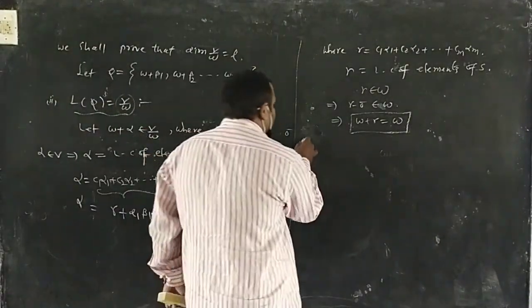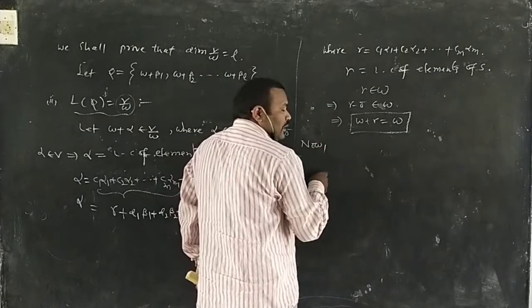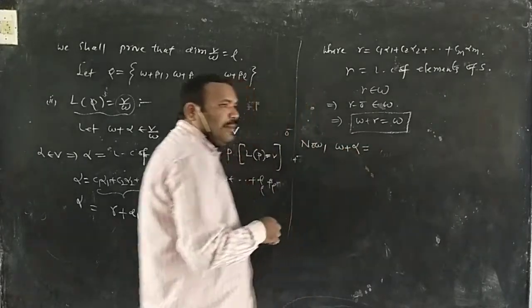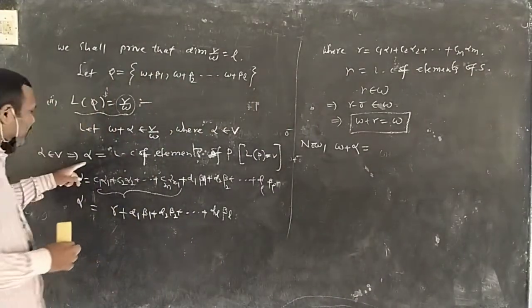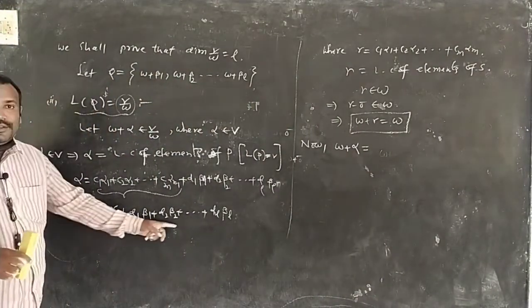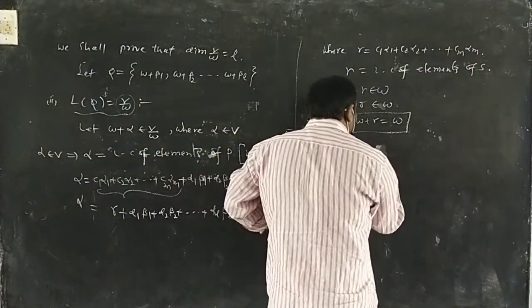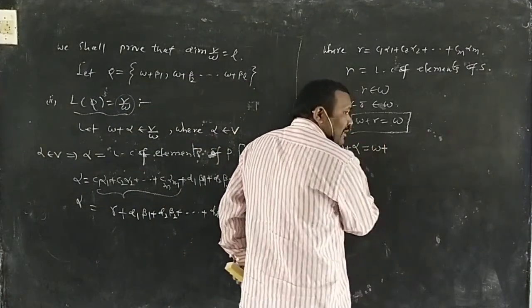Now let us take W plus alpha. You know alpha equal to gamma plus this one. Consider W plus alpha, that equal to W plus, what is alpha?